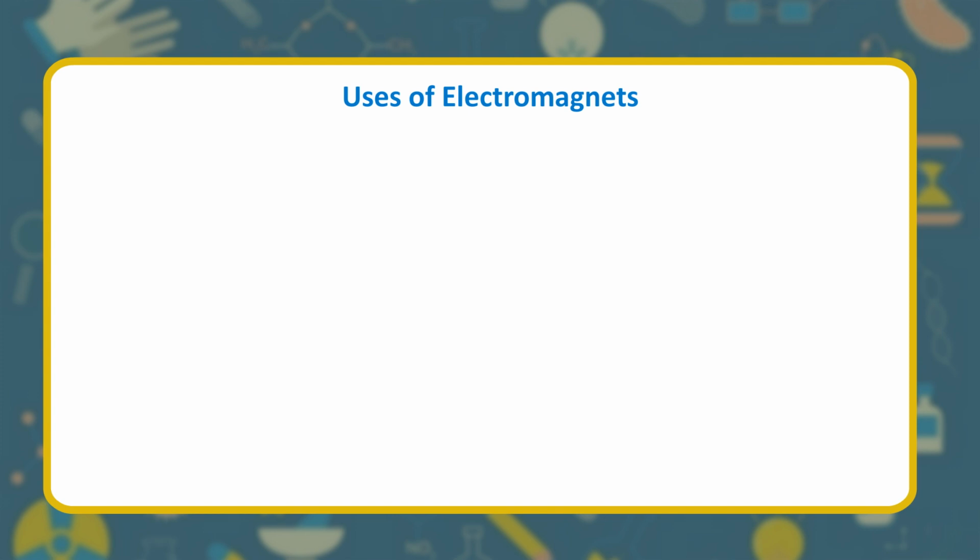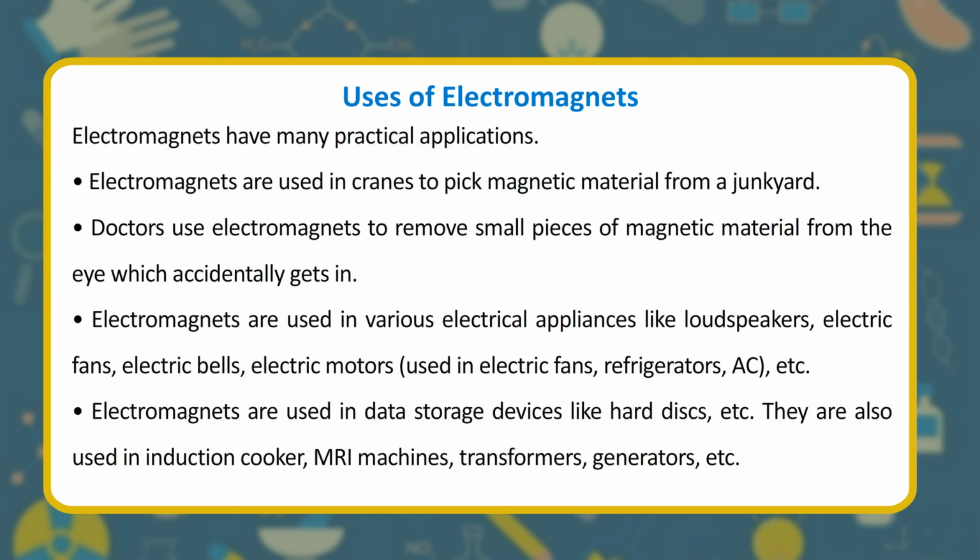Uses of electromagnets. Electromagnets have many practical applications. Electromagnets are used in cranes to pick magnetic material from a junkyard. Doctors use electromagnets to remove small pieces of magnetic material from the eye which accidentally gets in.